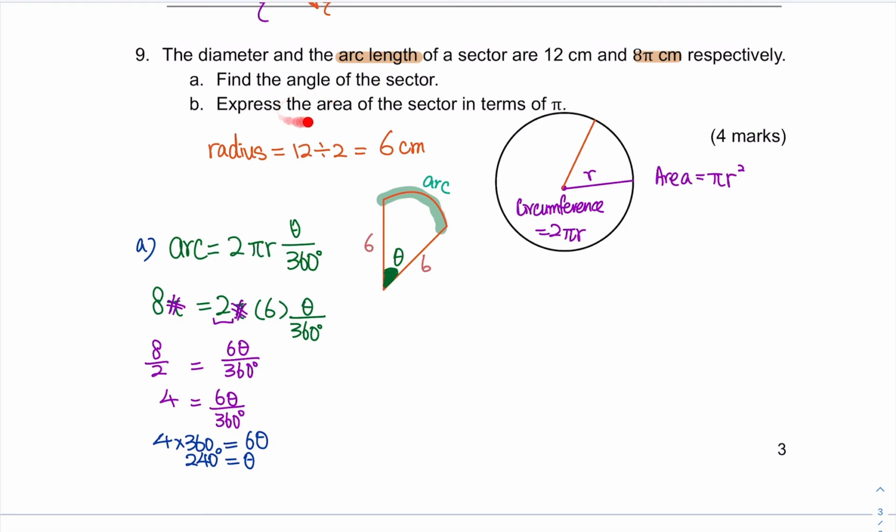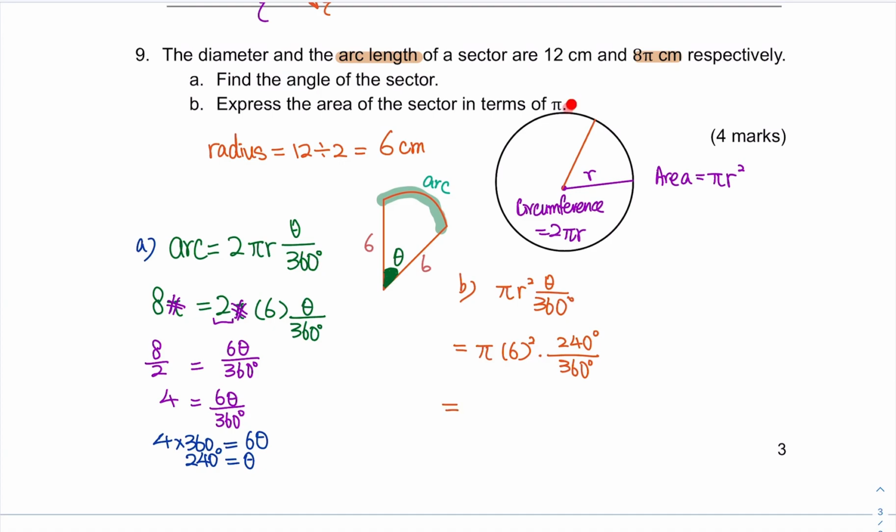Now part B is asking you the area of this sector. The area of a circle is this. So area of the sector is part of it. So it will be from the circle you get part of it. Easy now, right? That's the area. So our radius is 6 and then our theta, we just found it, is 240 and total is 360 degrees. And just click everything in calculator.